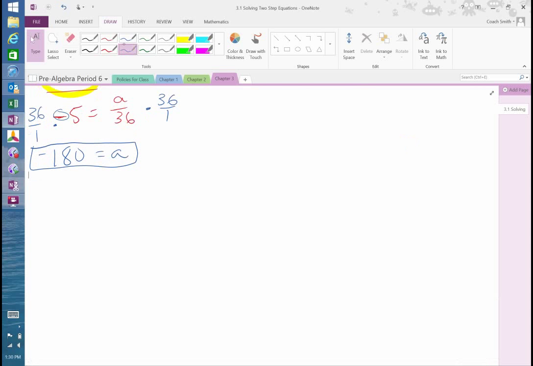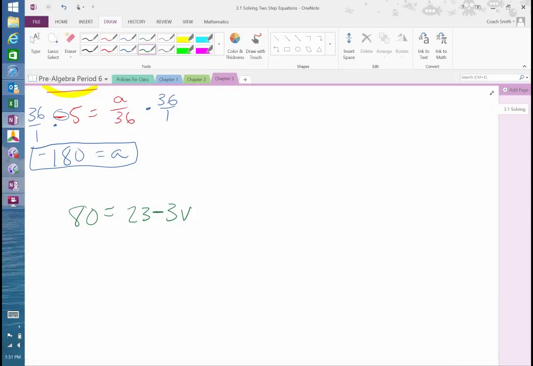Now, let me show you one that we need to look at, because it presents a specific problem. 80 is equal to 23 minus 3v. 80 is equal to 23 minus 3v.